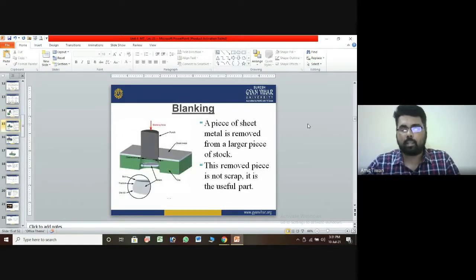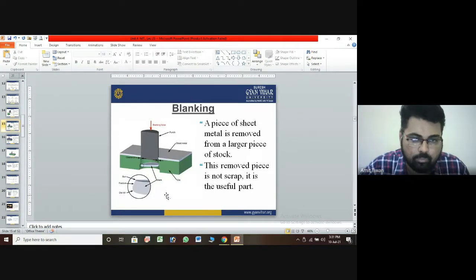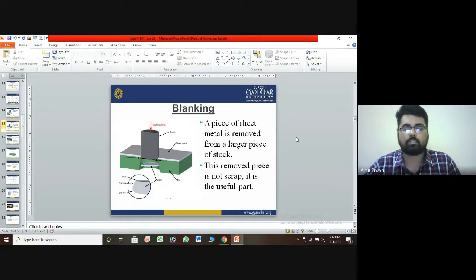Second is blanking. If you want to fabricate this type of section, a piece of sheet metal is removed from a larger piece of stock. This removed piece is not scrap; it is the useful part. In a blanking operation, the sheet is placed on the die, and you press the punch on the shape you want to cut.